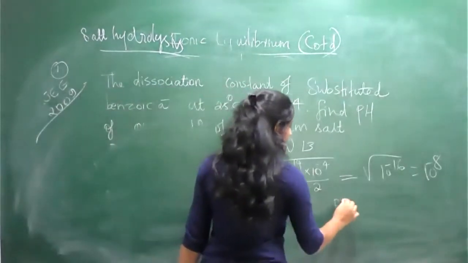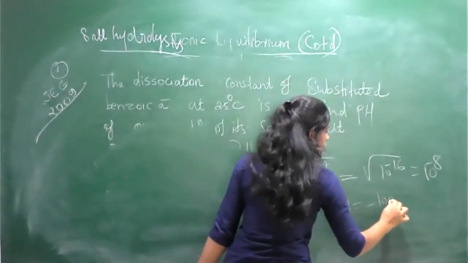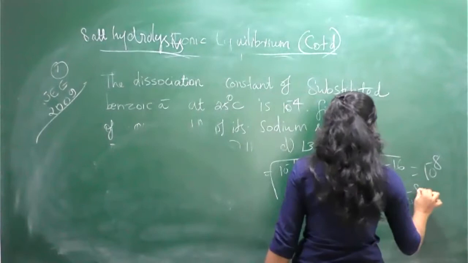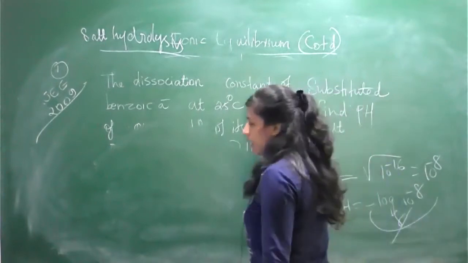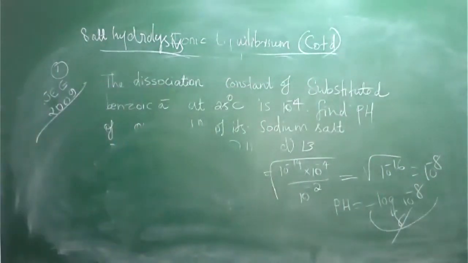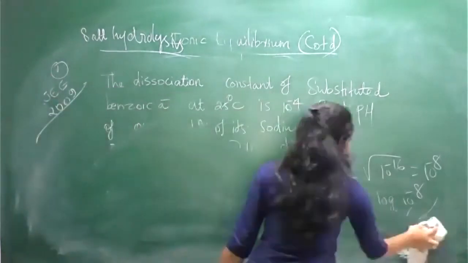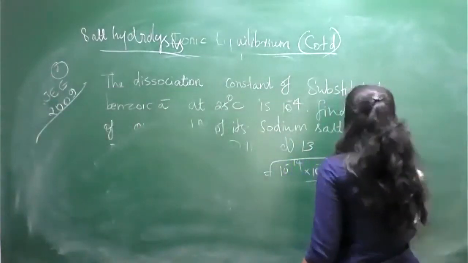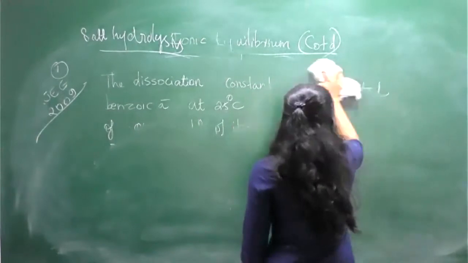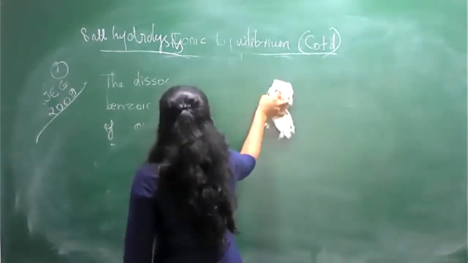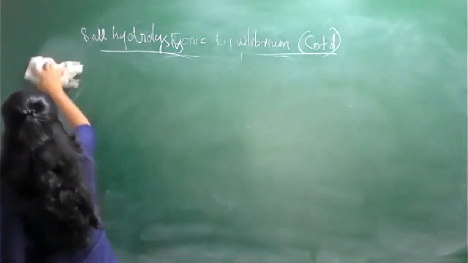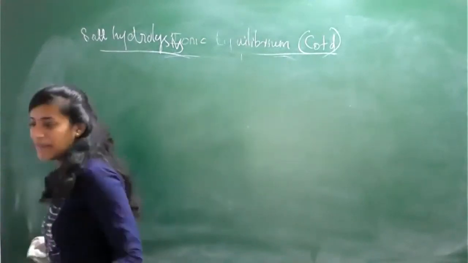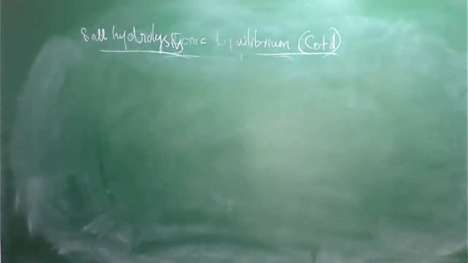So pH becomes minus log of 10 to the power minus 8, we will get 8. But this is the year 2009. Now we are in the year 2021. The level becomes higher, we can expect more, right? This is the basics only.